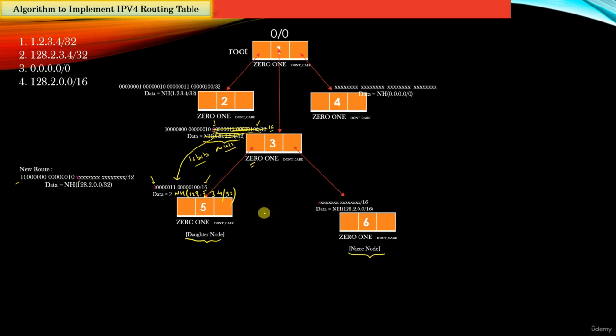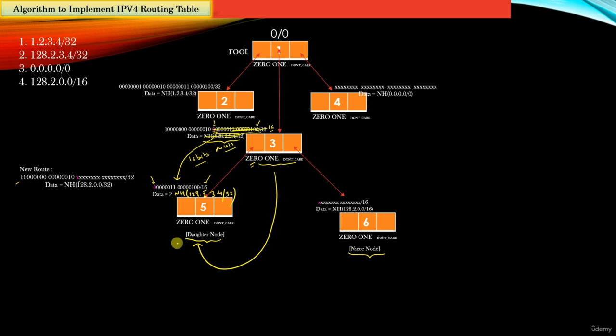And the third thing that the daughter node borrows from the parent node is the children of the parent node. In this case, we did not have any children of node number 3 before it underwent a split. But if it had any children, all those children would be transferred to the daughter node. We will see this procedure when we split a node which already had children in our subsequent example.